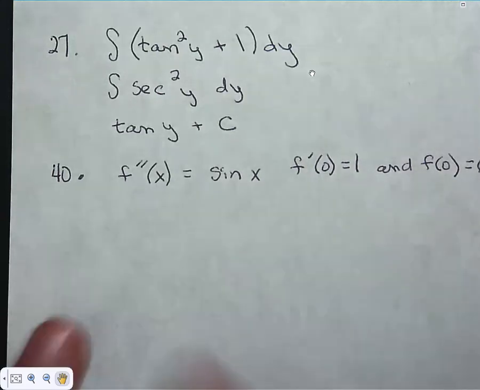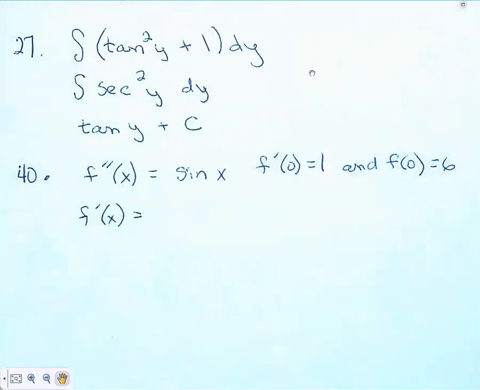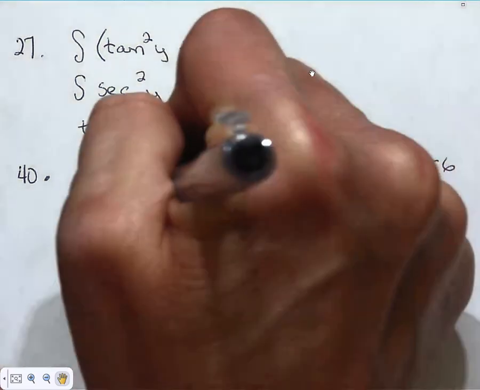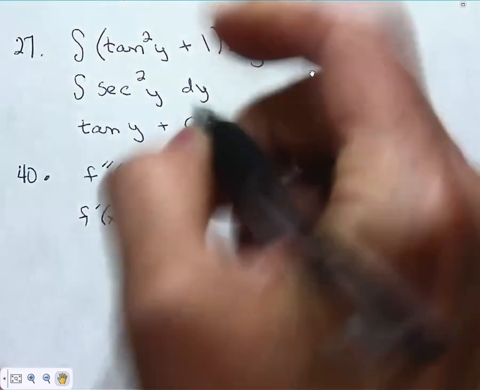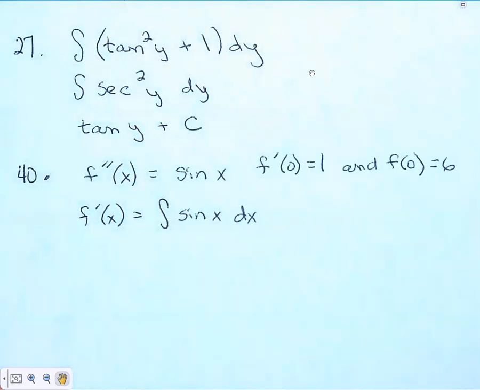Well, if the second derivative is sine x, how would you find the first derivative? You may not have all the words in your head yet, but it's either anti-differentiate or integrate. Those two things mean the same thing. So we're going to anti-differentiate. We're going to use the integral sign to find the antiderivative of sine x with respect to x.